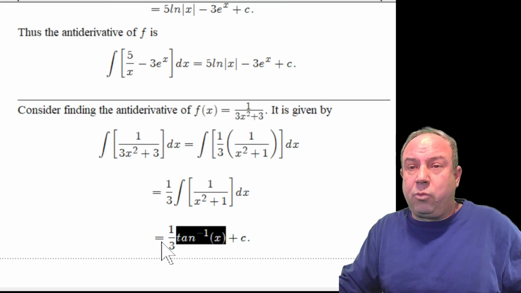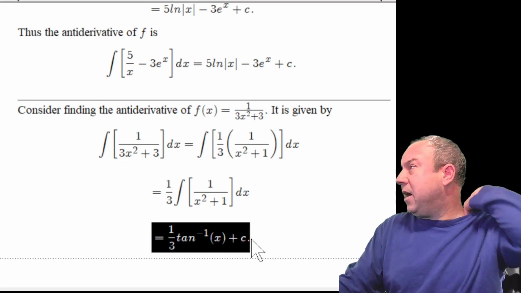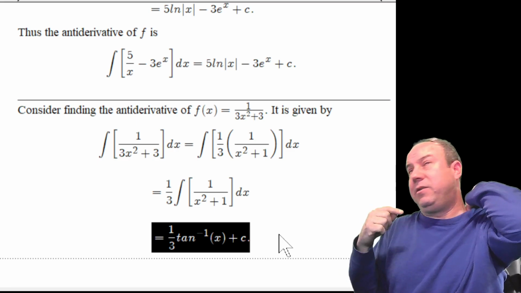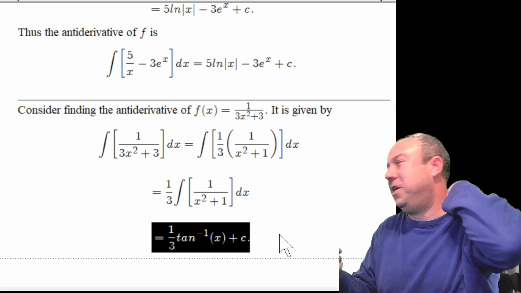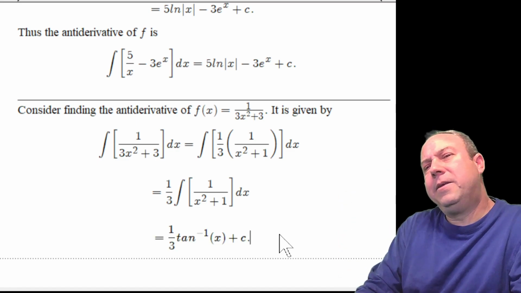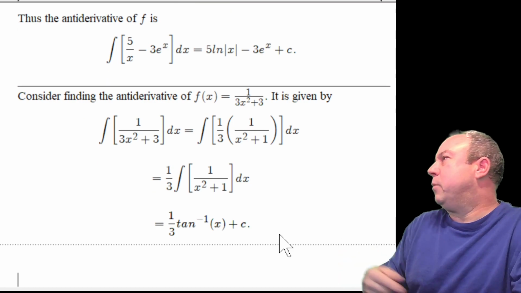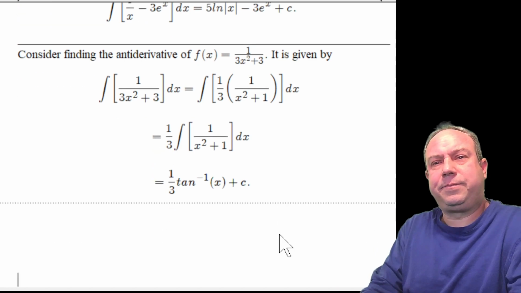So this becomes 1/3 times the tangent inverse of x plus c. All right, that is applying, again, the 12th rule, or there's only 11, so the 10th rule on that list above, along with the constant multiple rule for antiderivatives.